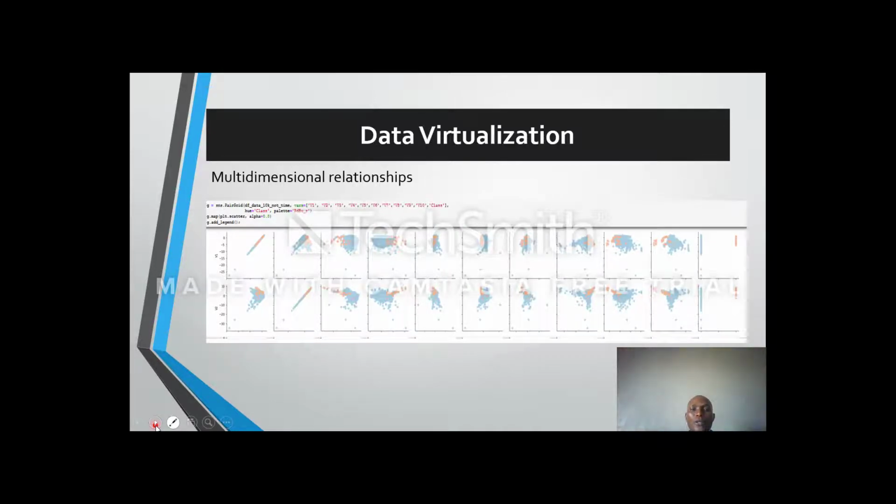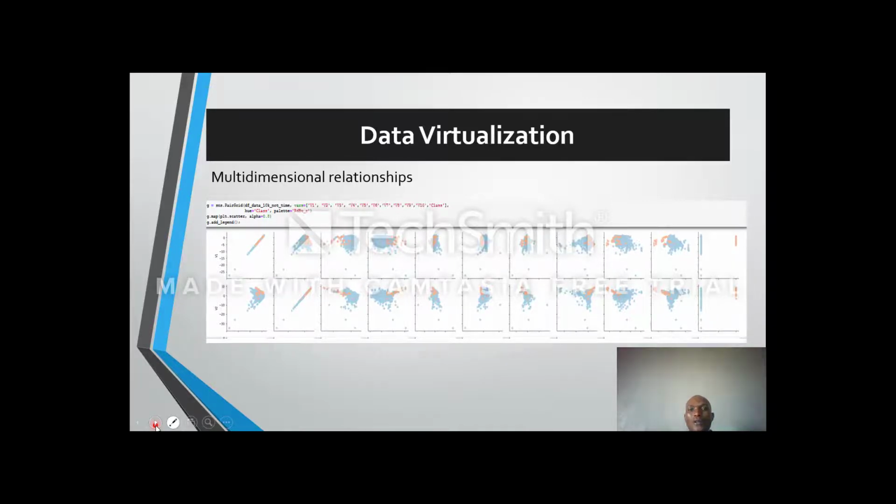This is also another one that is gotten from the pair plot. As we can see, trying to look at the probability of having fraud and not having fraud, you can see that in most cases the fraud patches are not comparable to the non-fraud patches.